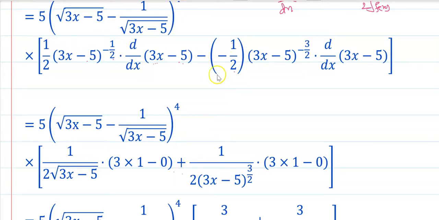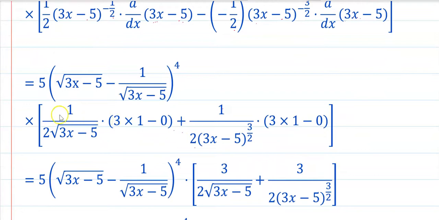Okay, this minus and minus, that will become plus. Okay, पुन्हा 1 upon 2, this is 1 upon 2. 3x minus 5 raised to minus 3 by 2. पुन्हा denominator ला ते term आणणार. That is 1 upon 3x minus 5, it will become positive. Again, ddx of 3x minus 5. What is the derivative of x? Is 1. 3 into 1. Okay, 3. Derivative of 5 is 0. पुढे अजून normal simplification आहे.